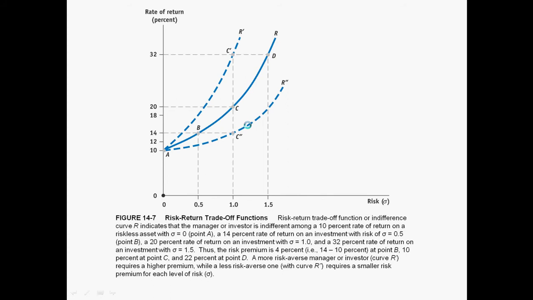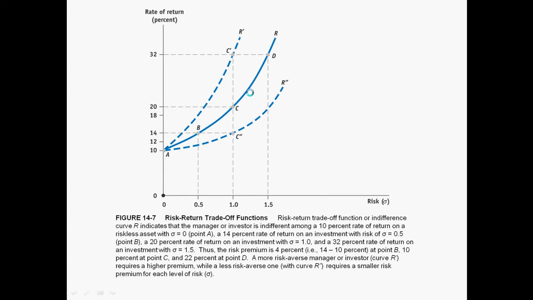Now, you can think about what this curve would be shaped like for different kinds of managers. If you're risk neutral, then it would just be a straight line, because you wouldn't need to be compensated for taking on more risk. If you're risk loving, it would actually fall. But R prime and R double prime are all risk averse, but they're risk averse in different degrees.